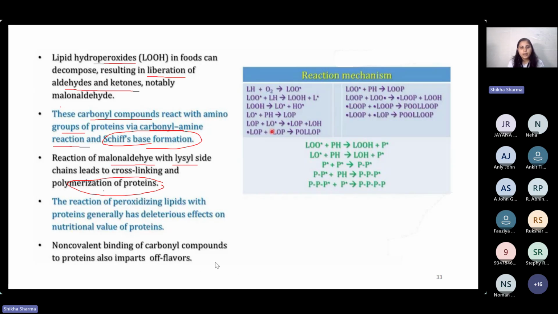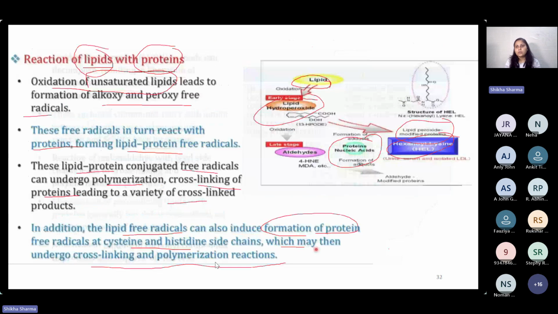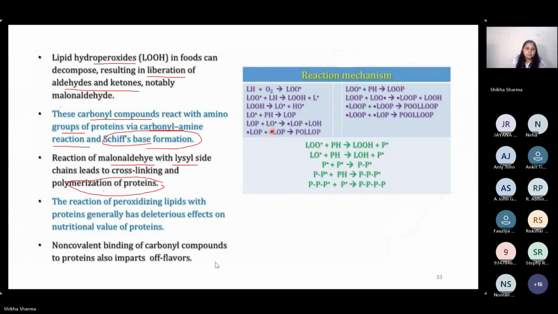There is also binding with the protein, forming different degradative or undesirable compounds when lipid oxidizes and further forms lipid-protein compounds. This will affect not only the lipid content in the food but also the protein content.